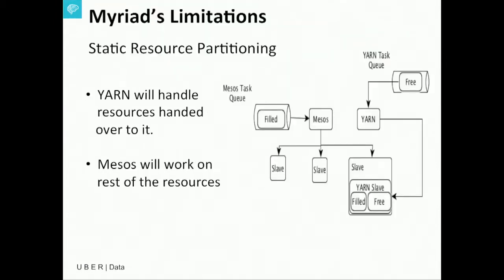But when we actually experimented with it, we found that the problems we are trying to solve were not solved by this. The reason is, once Mesos gives Yarn resources, Yarn will handle those resources, and Mesos will not have any say over them. So you're pretty much doing a partitioning of your resources anyway.